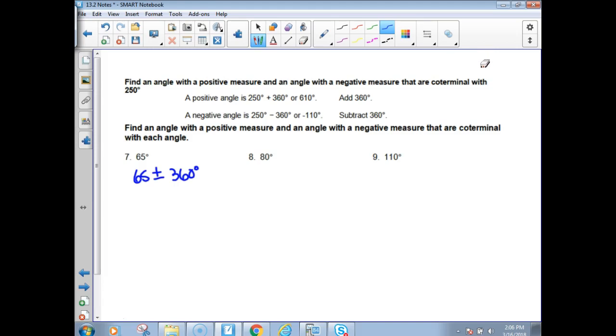This is worksheet 12, A and B. Okay, 65 plus 360 is going to be 425 degrees. 65 minus 360 would be negative 295. Okay, so one's a positive coterminal, one's a negative coterminal.